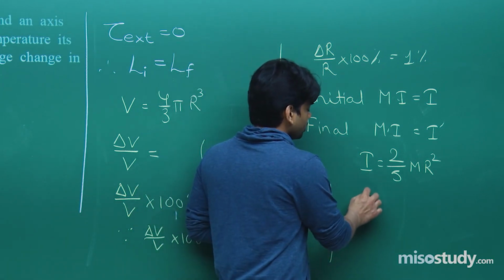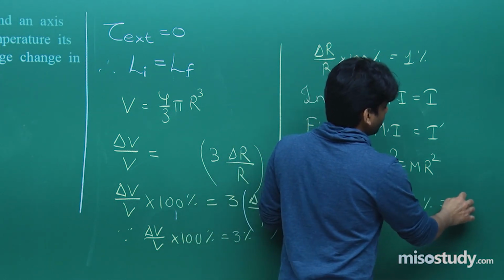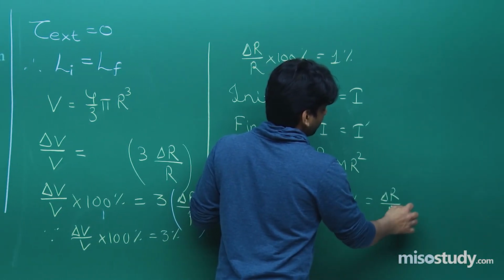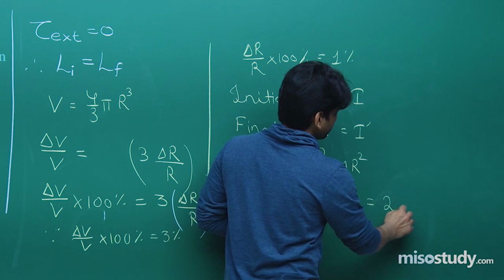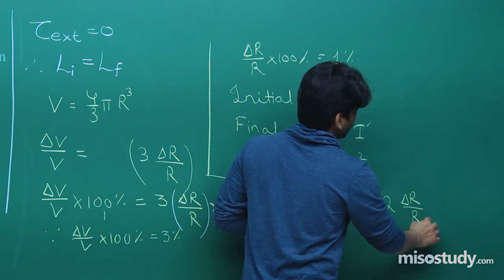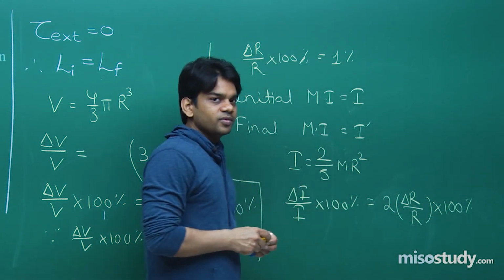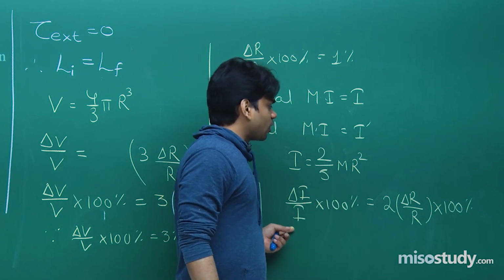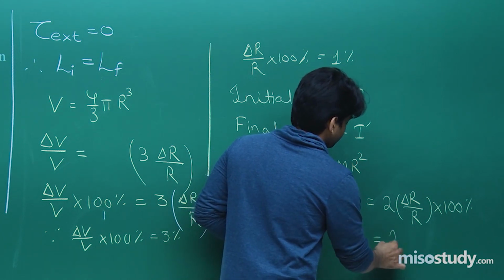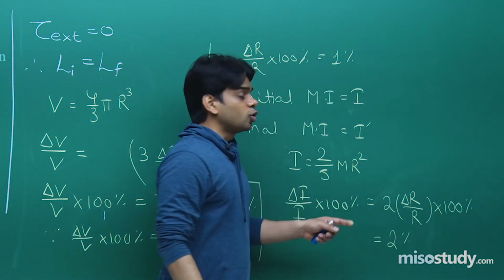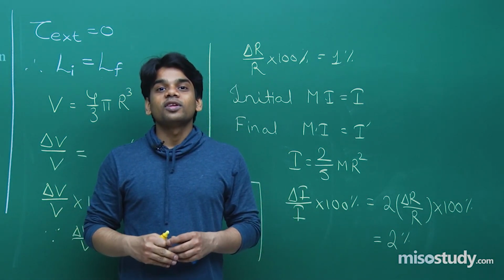ΔI by I into 100% will be equal to twice ΔR by R into 100%, since we have R square, so the coefficient 2 multiplies. ΔR by R into 100% is 1%, so this will be equal to 2%. So ΔI by I into 100% is equal to 2%. That is, if the volume increases by 3%, the moment of inertia will increase by 2%.